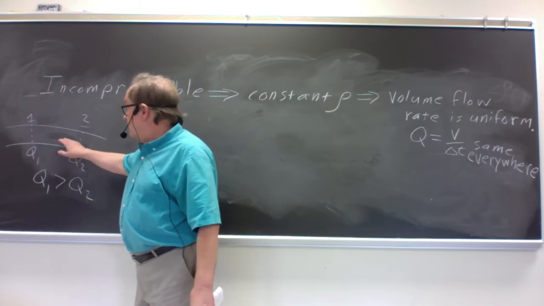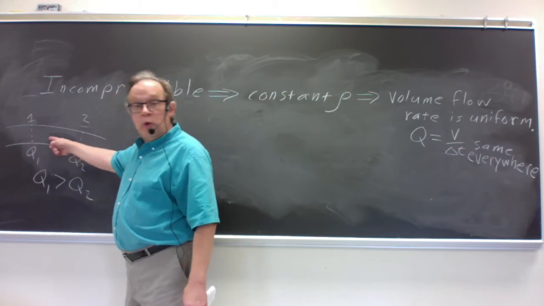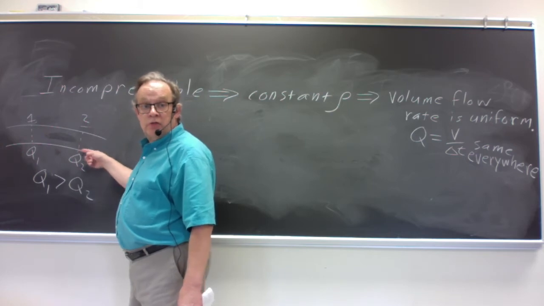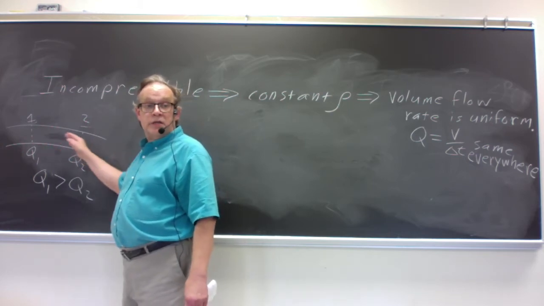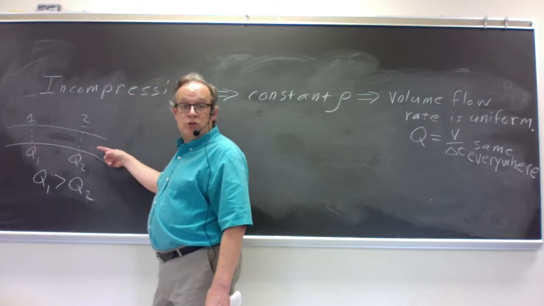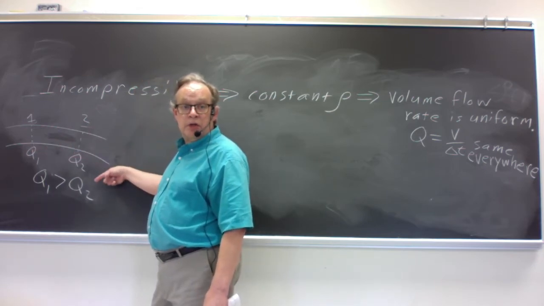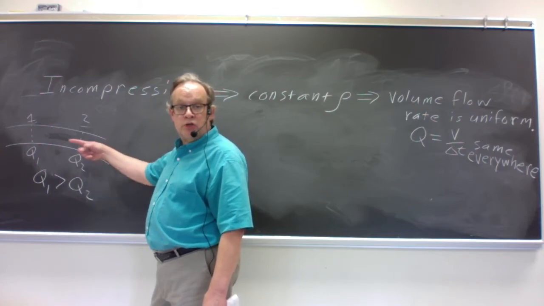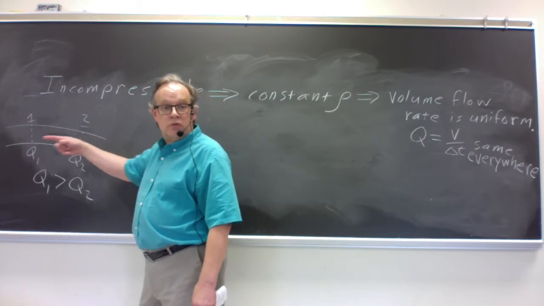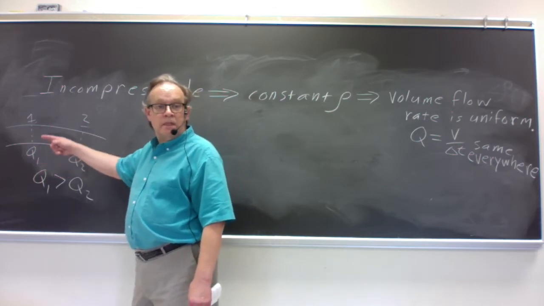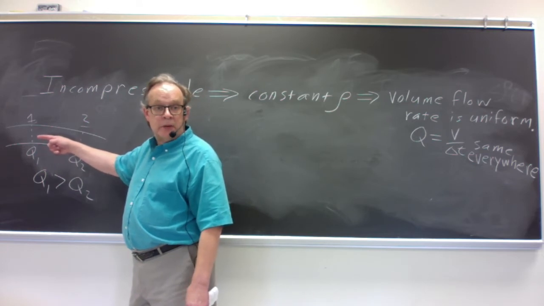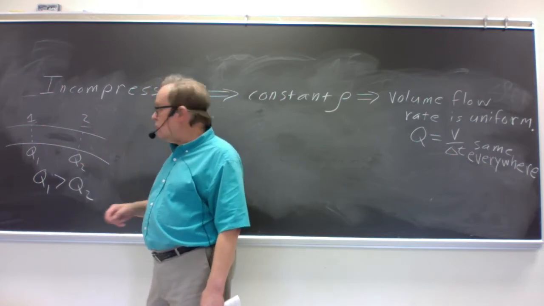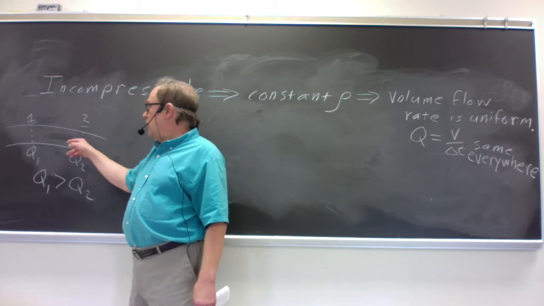Then there would be more gallons flowing into this volume than flowing out of it, because Q2, the number of volumes per second flowing past point 2, is the flow out of this volume, and Q1, the number of gallons per second passing by point 1, is the flow into this volume. So there's more gallons flowing in than flow out.